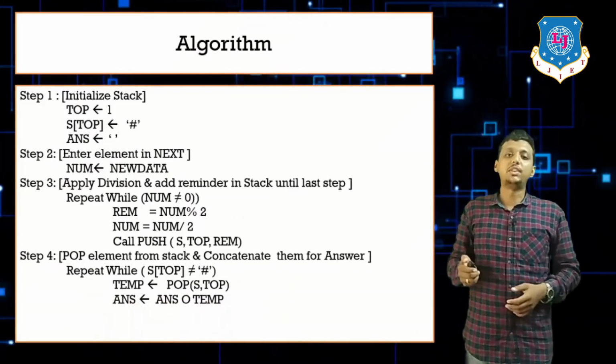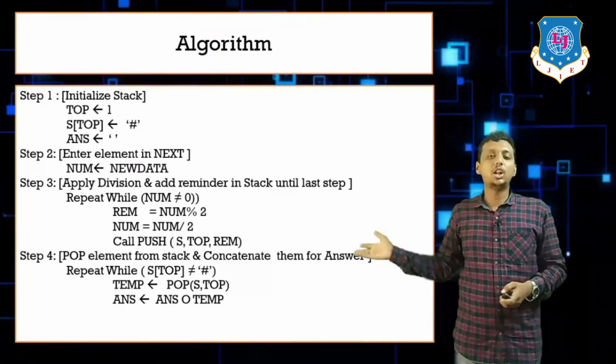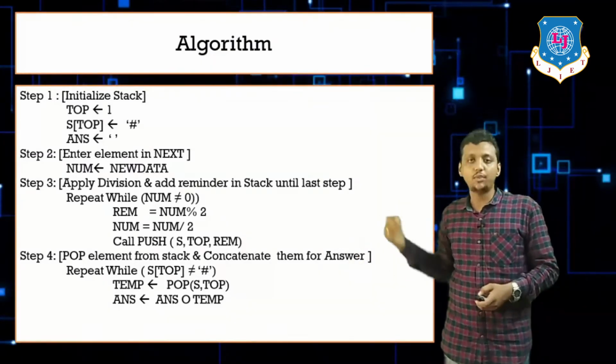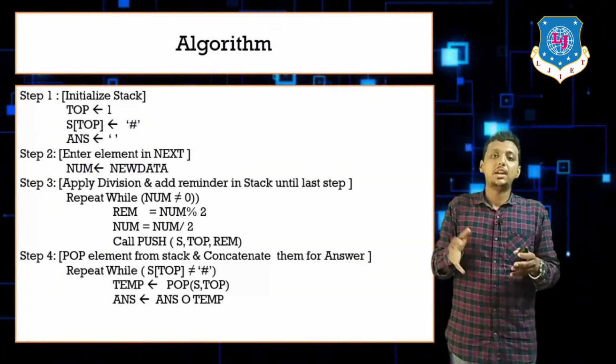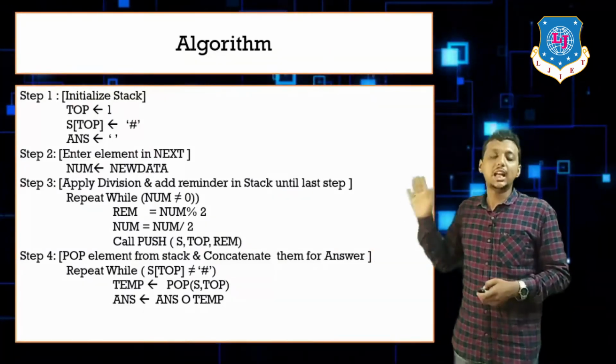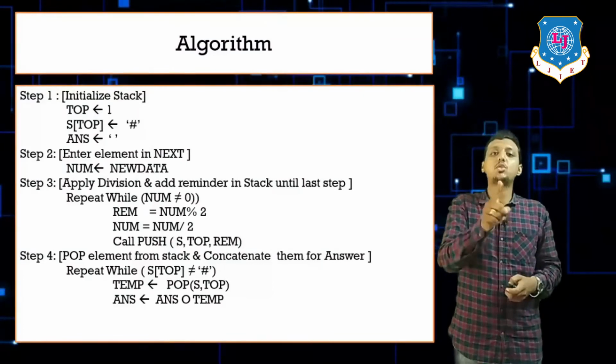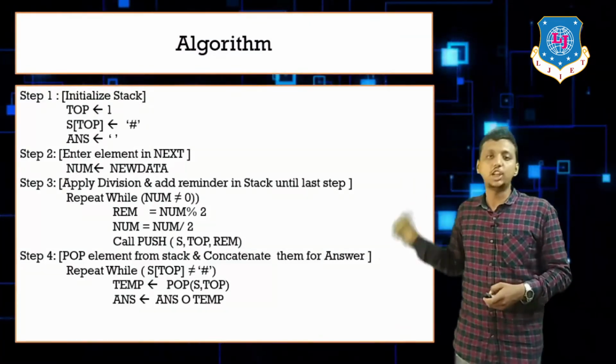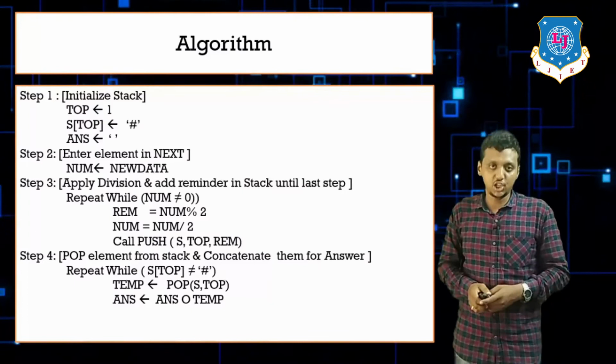Fine. So what we have left, we just need to pop out all the values, concat them into the temp, and get the answer. So this is what we have. Repeat while s of top is not equal to hash. For this condition, I initialized my stack with hash.